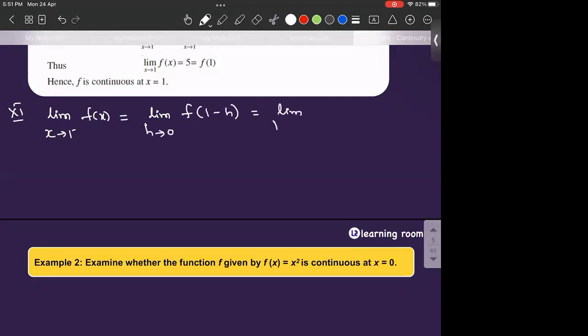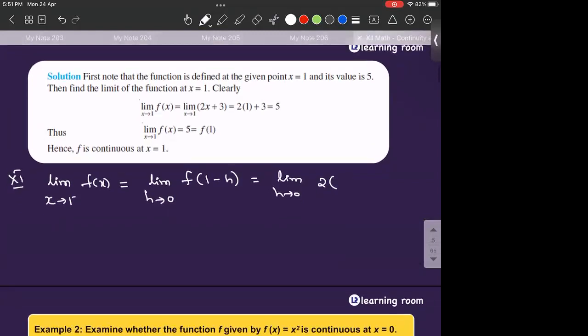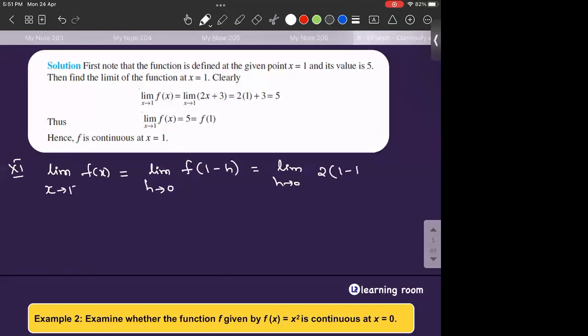This will be limit h tends to 0, 2 into, so you have 2x plus 3, right? So in the place of x, you will substitute 1 minus h. You have plus 3 already. Okay. So it's going to be limit h tends to 0, 2 minus 2h plus 3.